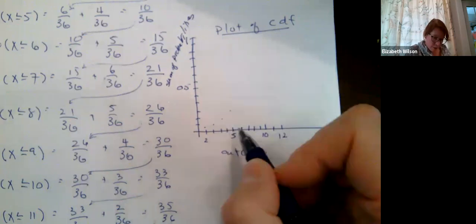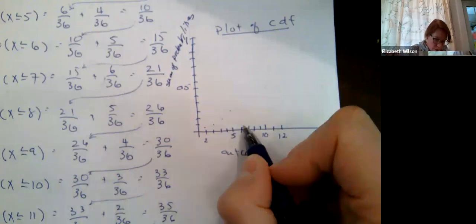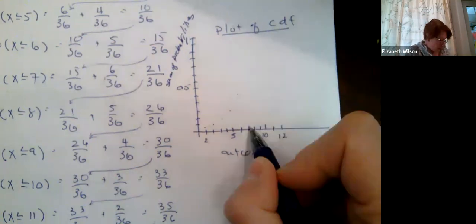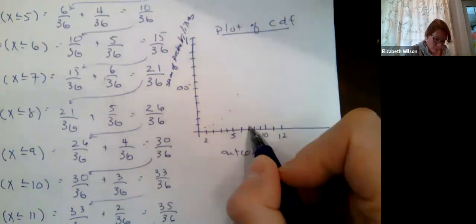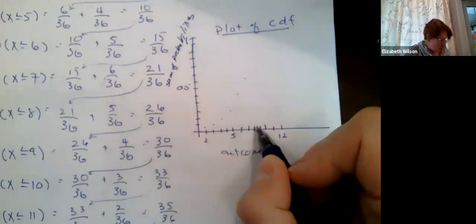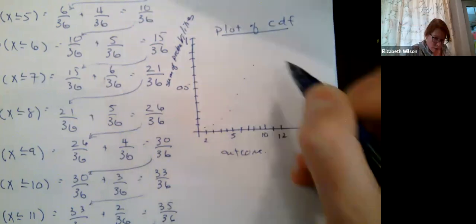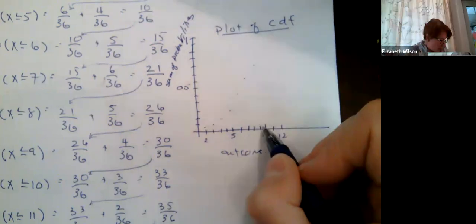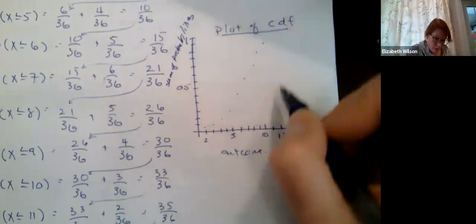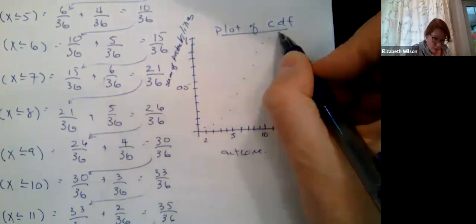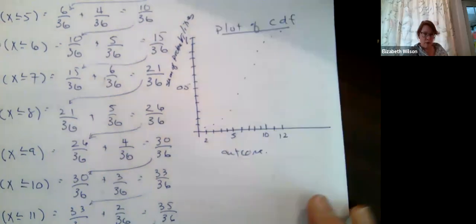Coming up with an approximate curve here. 6, 7, 8. So roughly right about there. 11, and then 12.